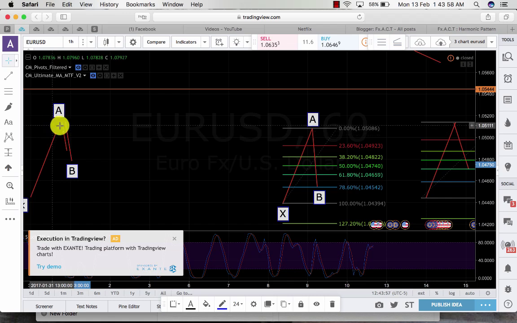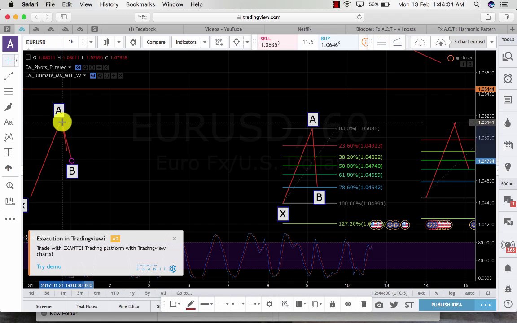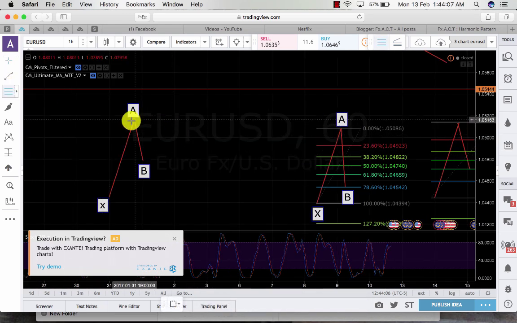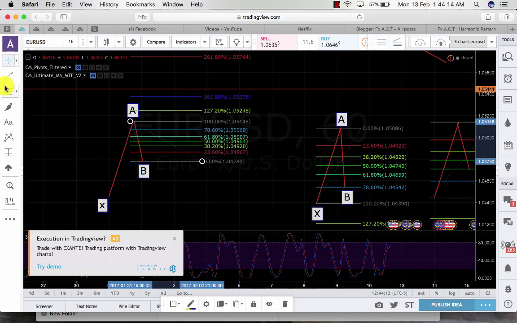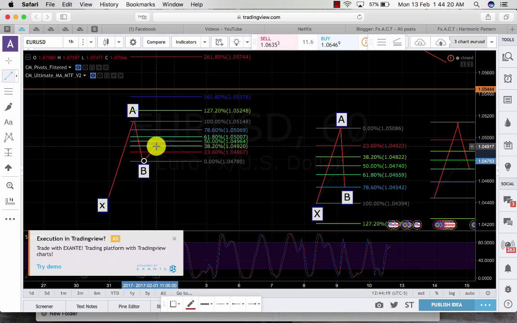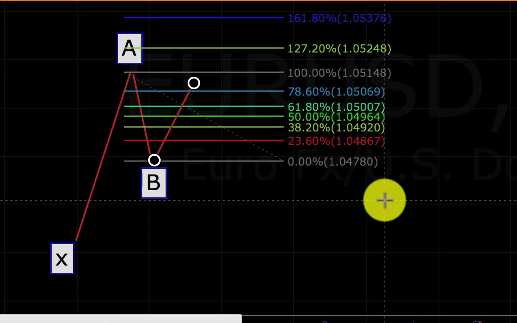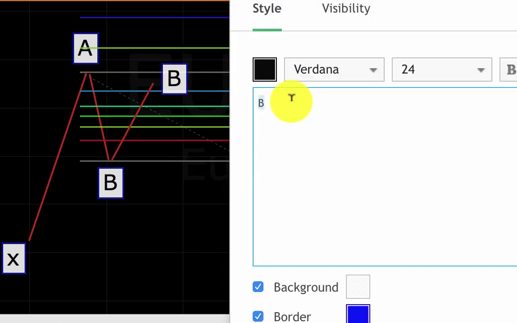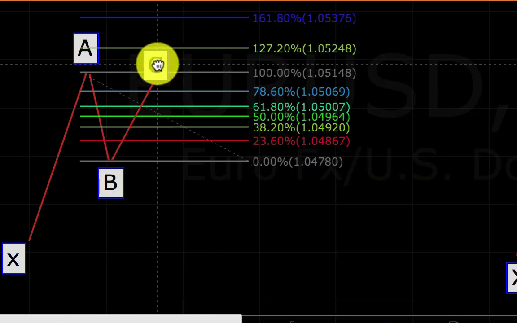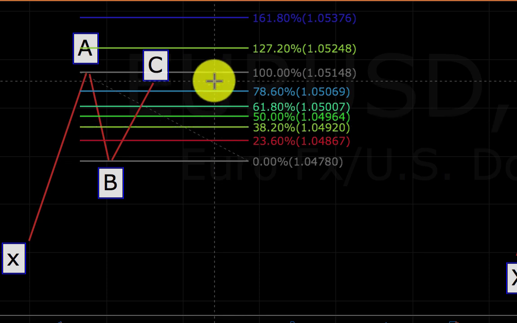Now again, what you're going to do is just measure A to B, and anything that will measure from here from 38% to 88, exactly 88, that will be the point C. See again, BC will be from 38 to 88.